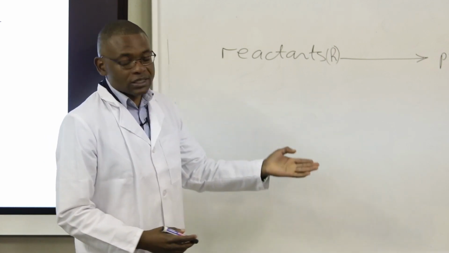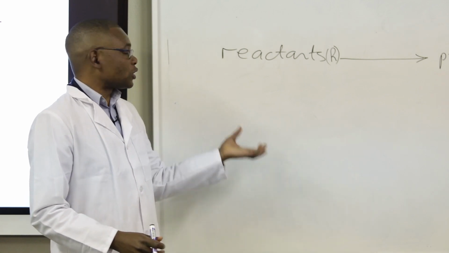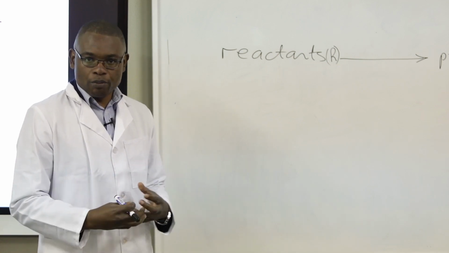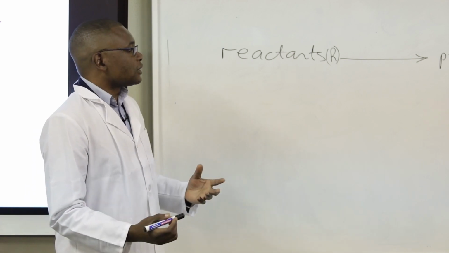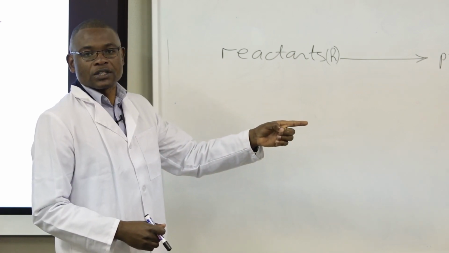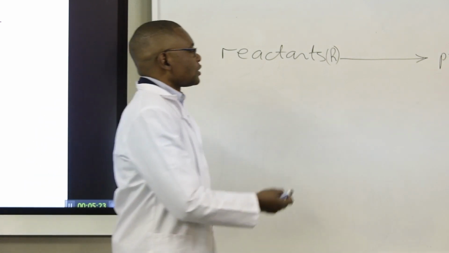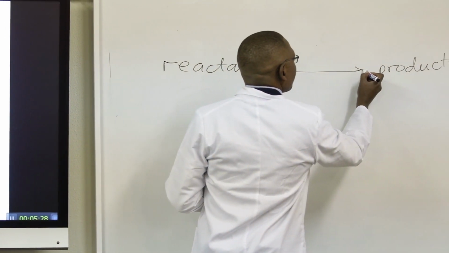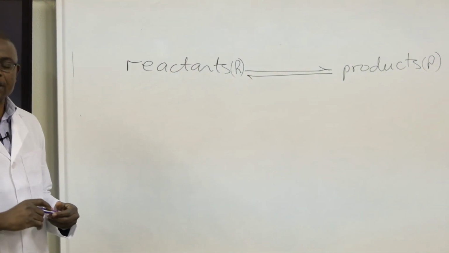So if more products are being produced so that the reactants are getting depleted, the products tend to decompose or break down to form reactants again, such that the reaction itself is no longer a one-way process where reactants are only forming products, but products themselves will reach a stage where they start breaking down, and then as they break down, they form reactants, the initial reactants we had in the first place.